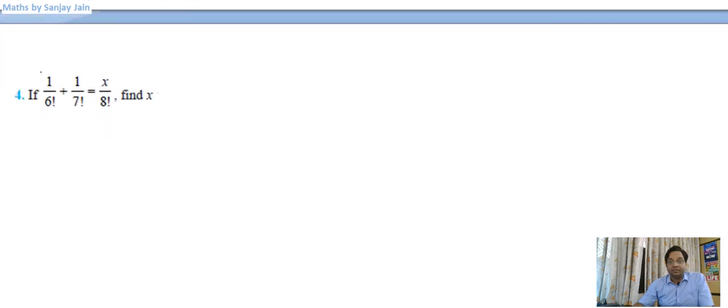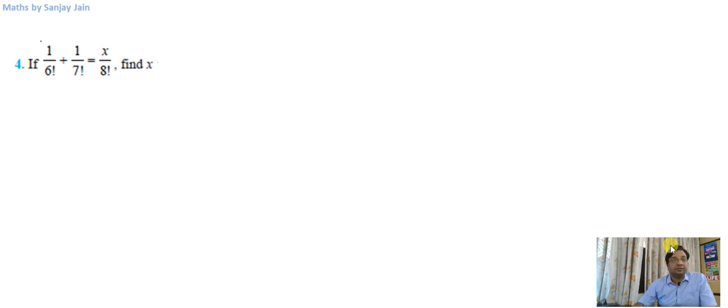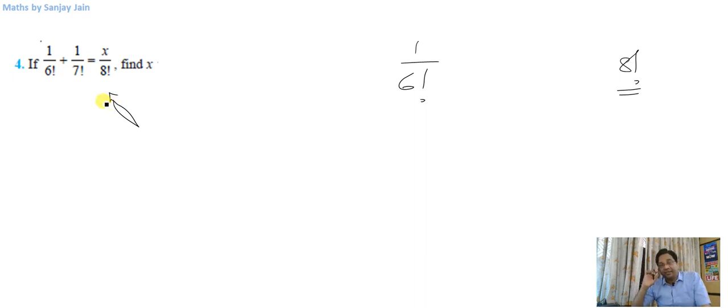Now this is a question. I've got 1 by 6 factorial. So I'll prefer writing the denominator as 8 factorial everywhere, because on the right hand side I've got 8 factorial here. So I'll try and make the denominator the same everywhere, right? So 1 by 6 factorial can be written as something by 8 factorial.